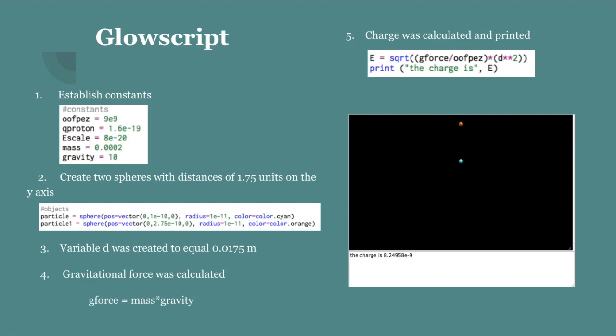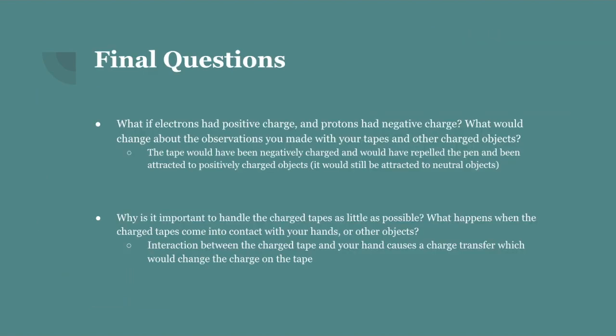I calculated gravitational force by using the values of the established constants, so that if one of these values were to change, I would still be able to have an accurate answer. And then I calculated charge and instructed the program to print. The charge is 8.24 times 10 to the negative 9.